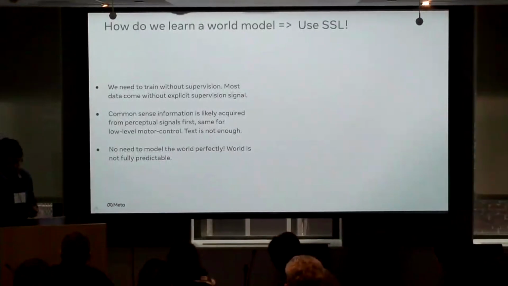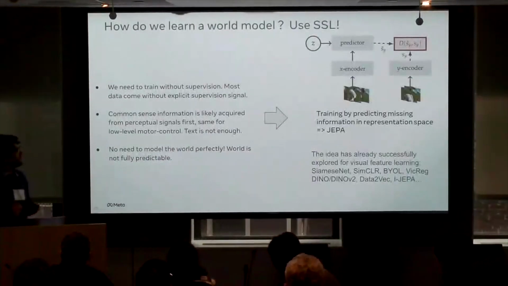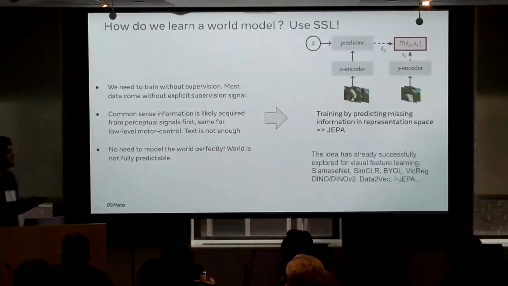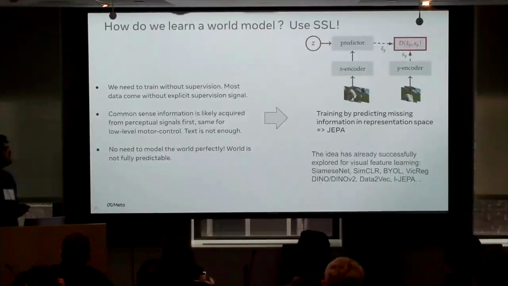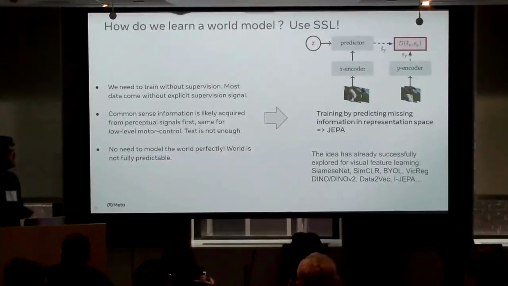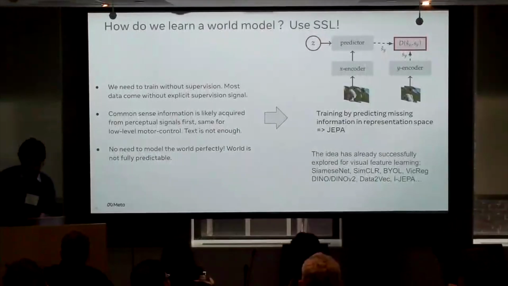You need to predict in a compressed or abstract representation space. And this is the whole idea behind JEPA, as Jan was mentioning. It's also something that has worked pretty well, demonstrating a huge amount of success in vision. If you want good vision representation, the main way to go is to use a Dino type model, which also works with similar principles.